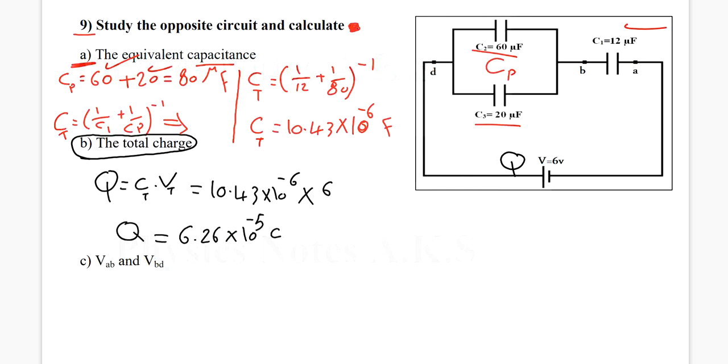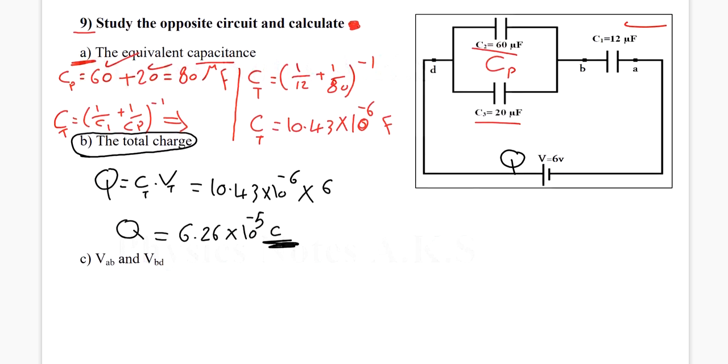Remember guys, if the C is after a number, it is a unit, it's a coulomb, not to be confused with the capacitance. Now they want VAB and VBD.